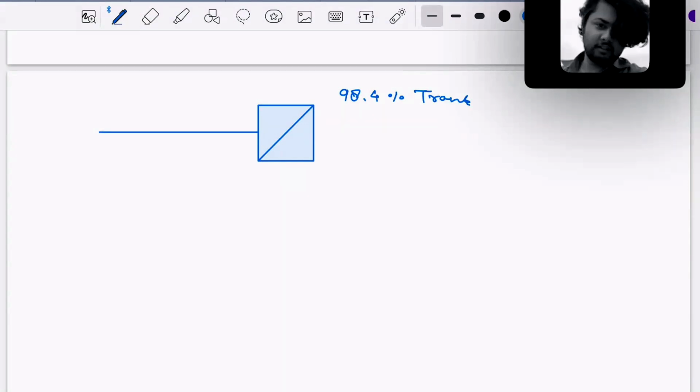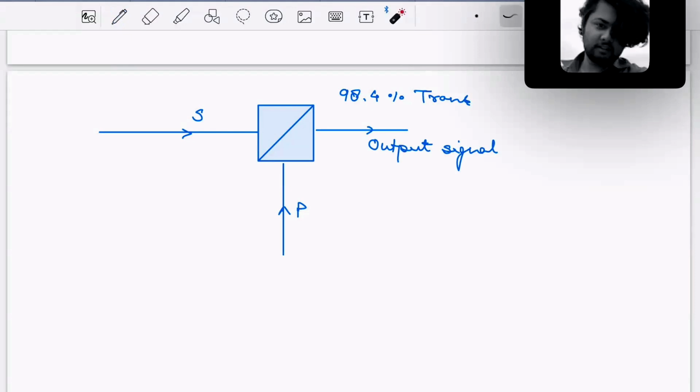This is signal and this is probe. This is our output signal, and at the end what we are measuring is our output signal. But by measuring this, we need to find out the Wigner function of our signal.